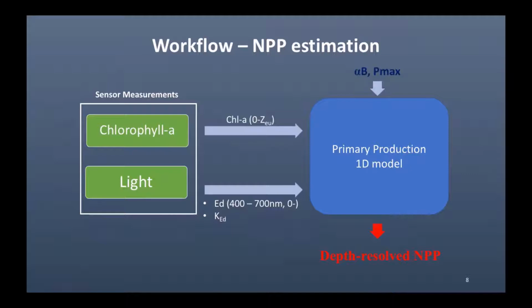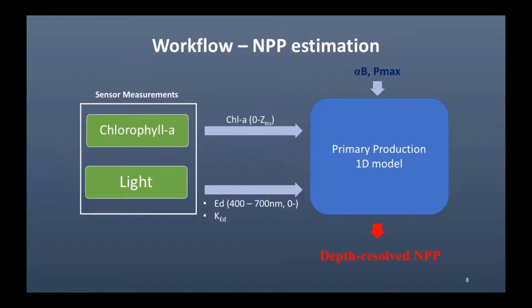And for the light parameters, we have the surface direct irradiance with wavelength within the photosynthetic light spectrum, which is between 400 nanometers and 700 nanometers, and also we have the diffuse attenuation coefficient of the downward irradiance.